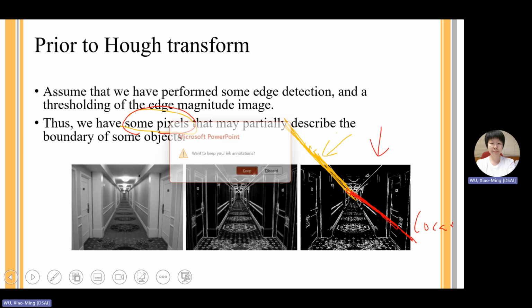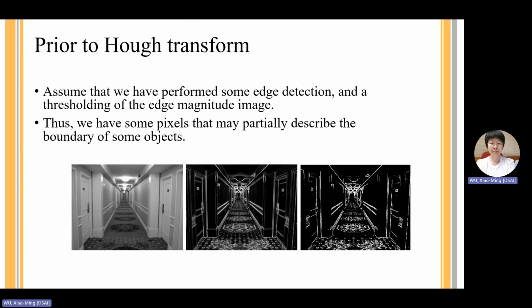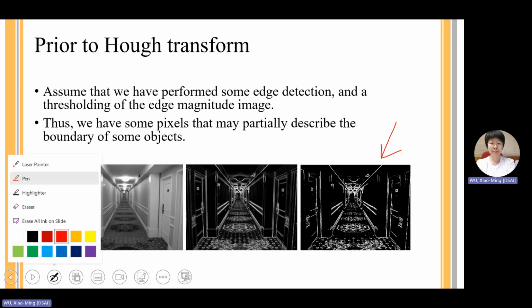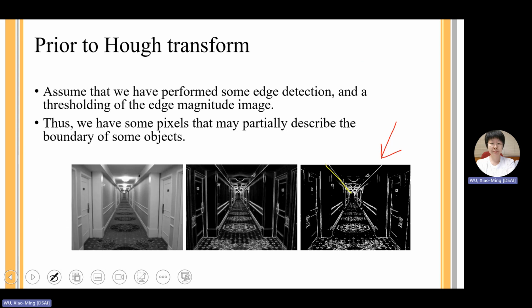Now let's look at this edge map. How can we identify the most significant lines from this edge map? So which lines appear to be the most significant? I would say this line.